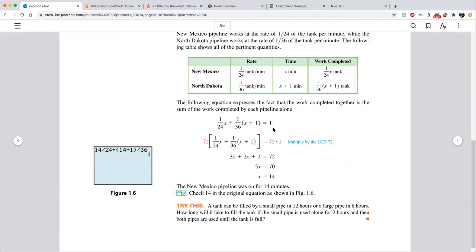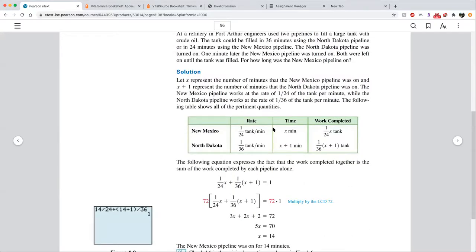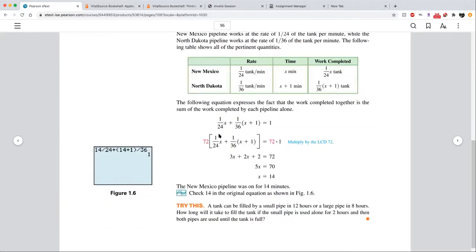I told you here we set the total amount of work as 1. So New Mexico did this much work, and North Dakota did this much work, so adding them up must equal 1. Solving that equation for x, we get 14. It means that this is the time the New Mexico pipeline was turned on.